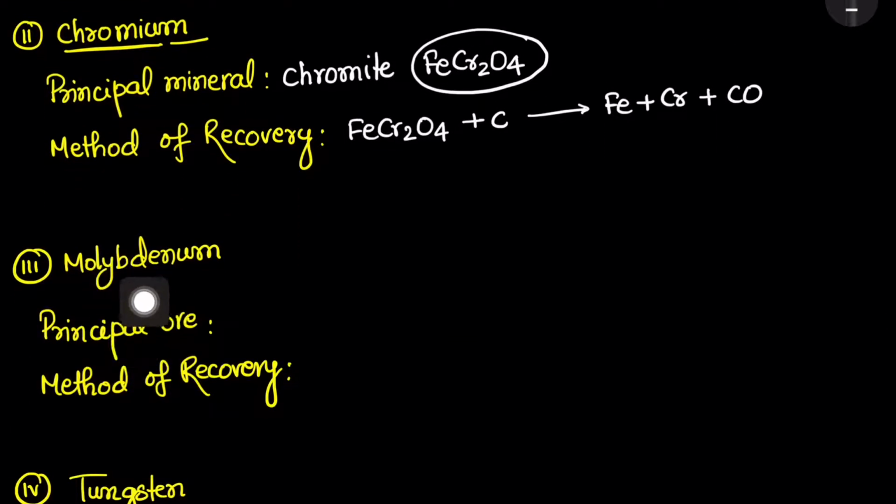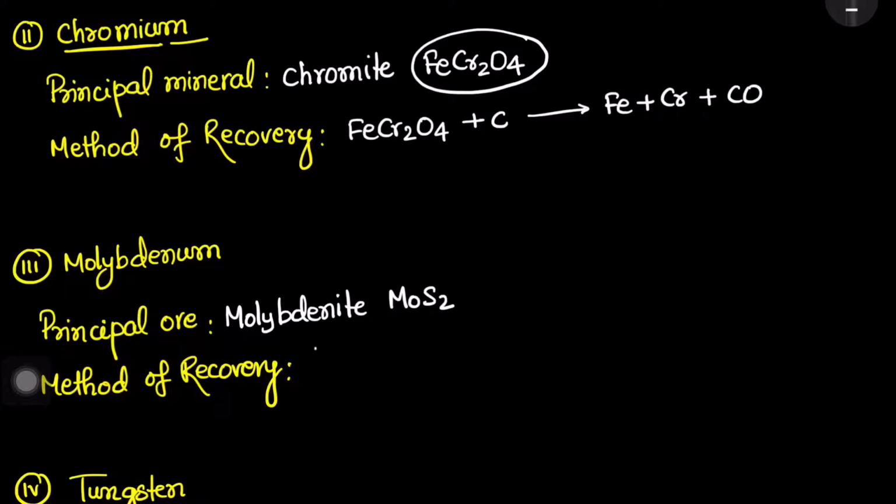We have molybdenum, and the principal ore is molybdenite, that is molybdenum sulfide, MoS2. Okay, method of recovery is simple. First we do roasting of that.